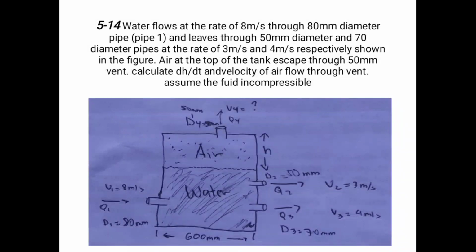So here we know that what's going inside, Q1 in pipe 1, is equal to what is going outside from Q2, Q3, and Q4. So we will use the formula Q in equals Q out.